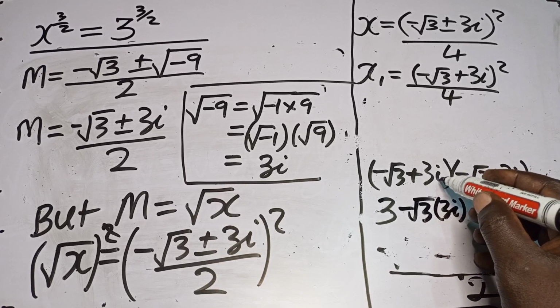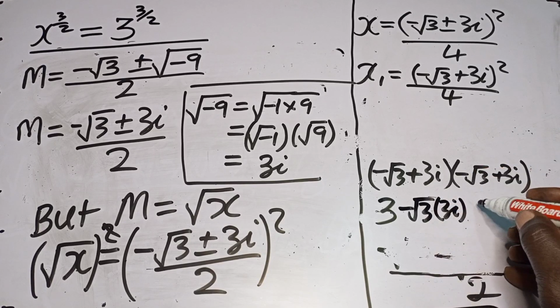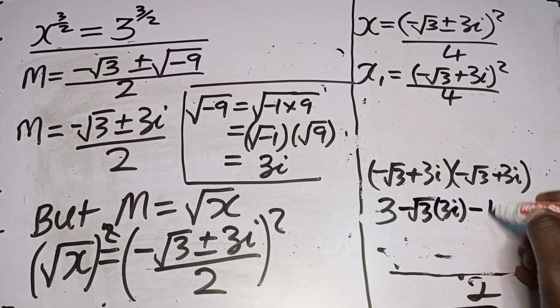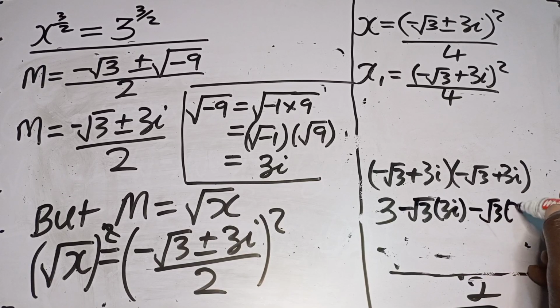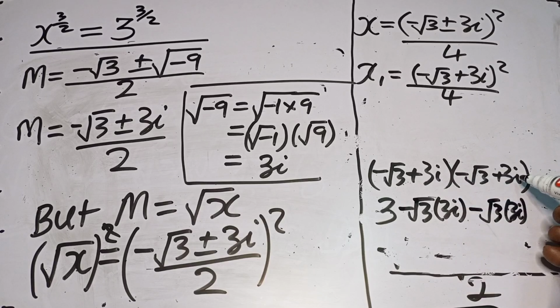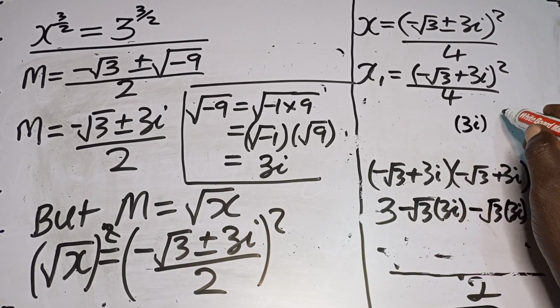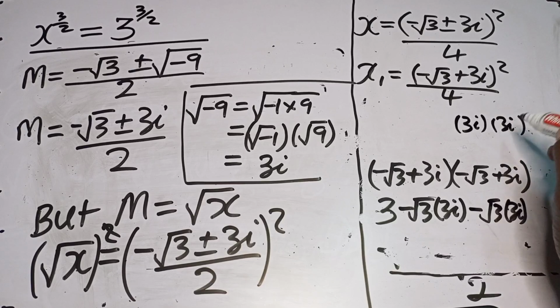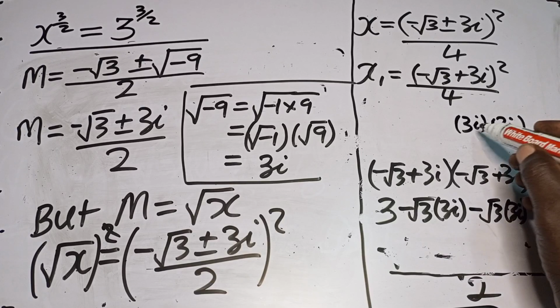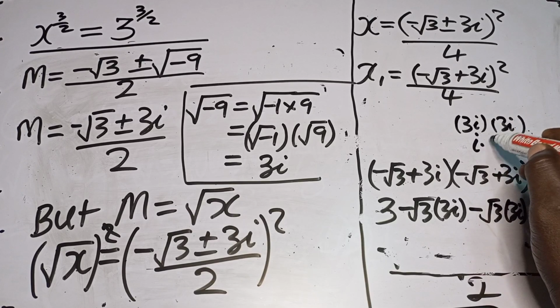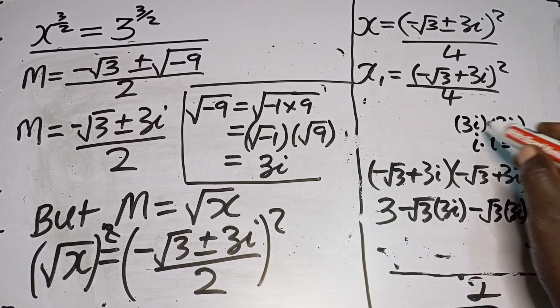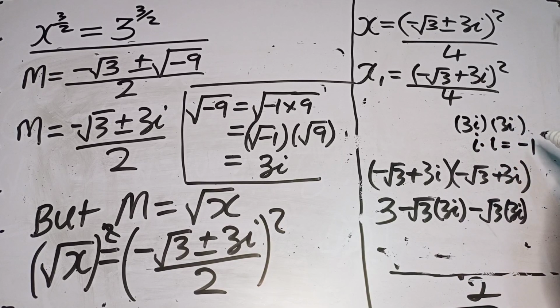The same thing here: 3i times negative root 3 gives negative root 3, 3i. And then 3i times 3i. Pay attention: i times i is negative 1, and 3 times 3 is 9. So our result is negative 9.